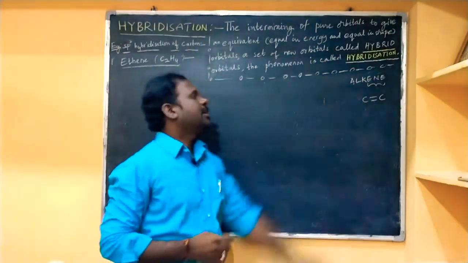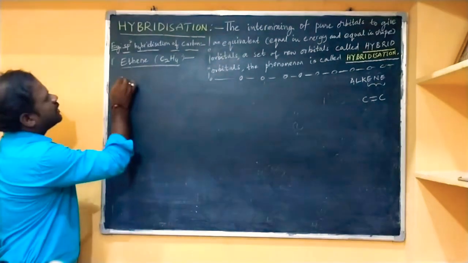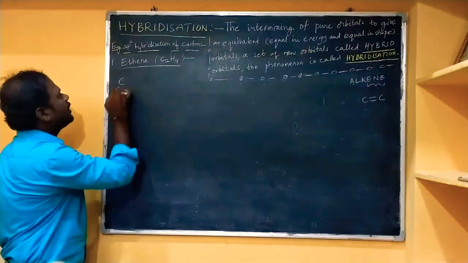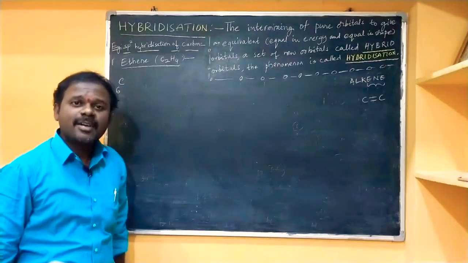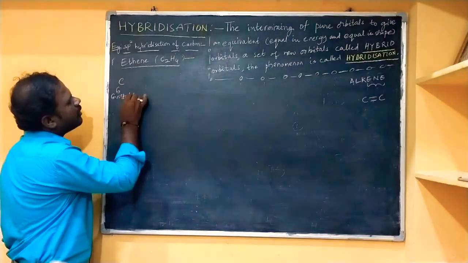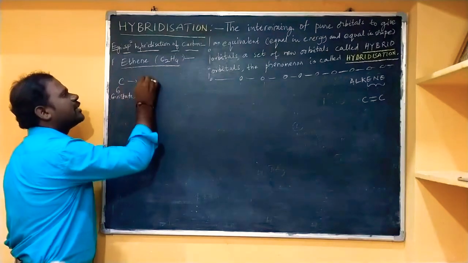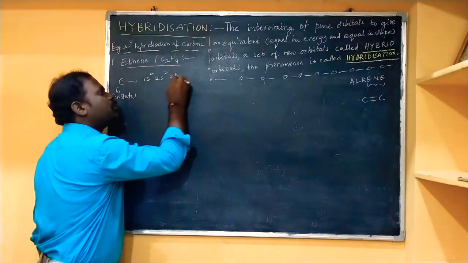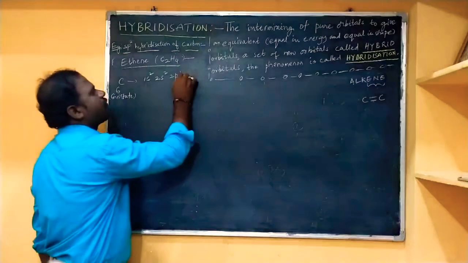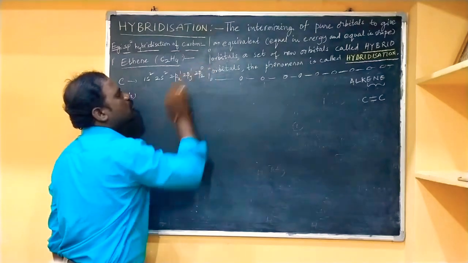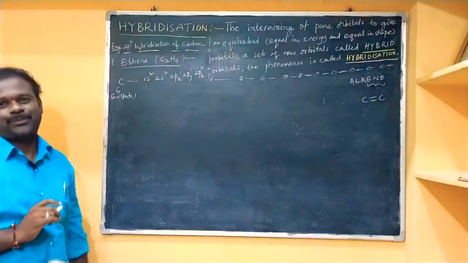Right, sir? What is the electronic configuration of carbon? What is the atomic number? That will be 6. What is the ground state electronic configuration? Ground state electronic configuration of carbon will be 1s2, 2s2, 2px1, 2py1, and 2pz0.